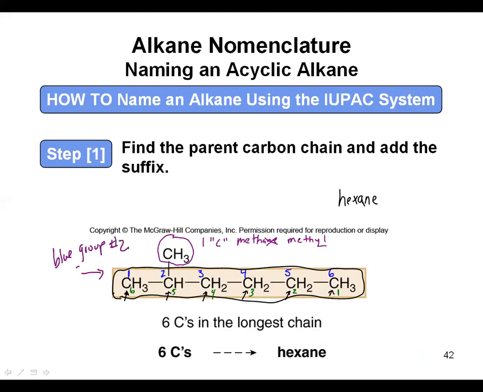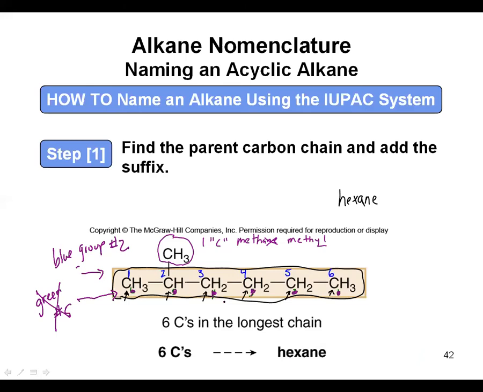If we go the green way, that CH3 group would be at carbon number 5. And it is as simple as 2 is smaller than 5. So the way that we should number these guys is the blue way here, because it gives us the smaller number for the group that is attached. Any questions on the numbering?